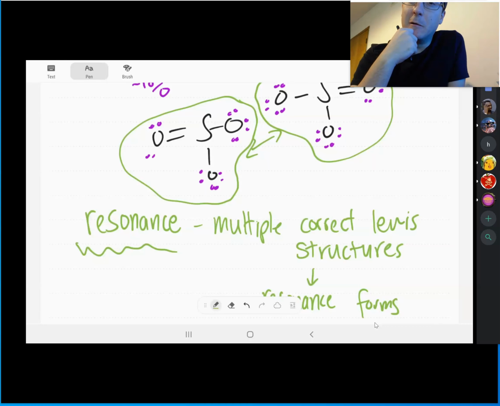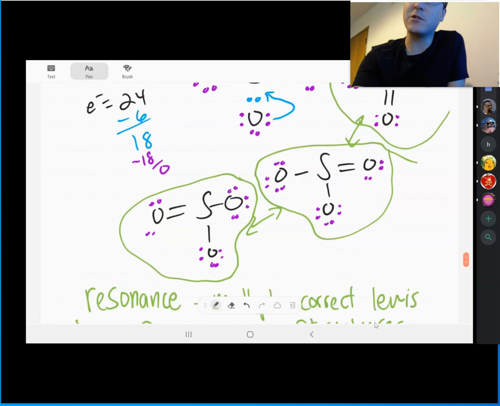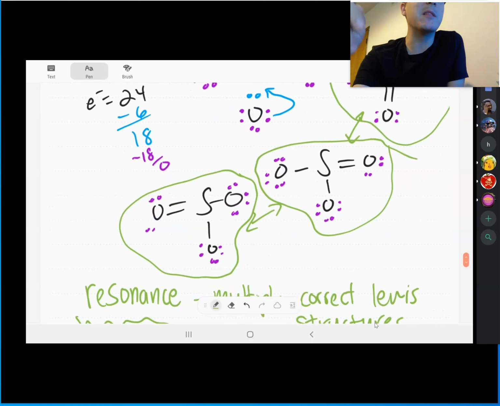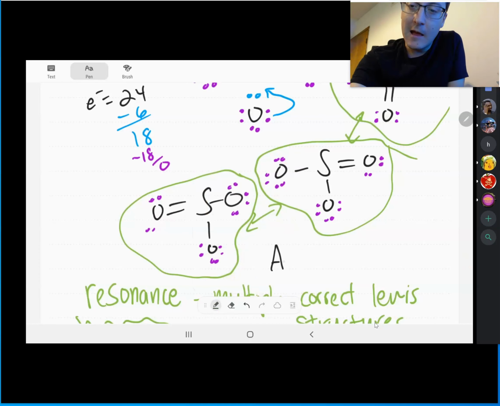Okay, so Elsa, how many central atoms do we have in any of these structures? Let's just do this bottom left one. Yeah, so we have 1 central atom. And how many outer atoms do we have that are bound to that?